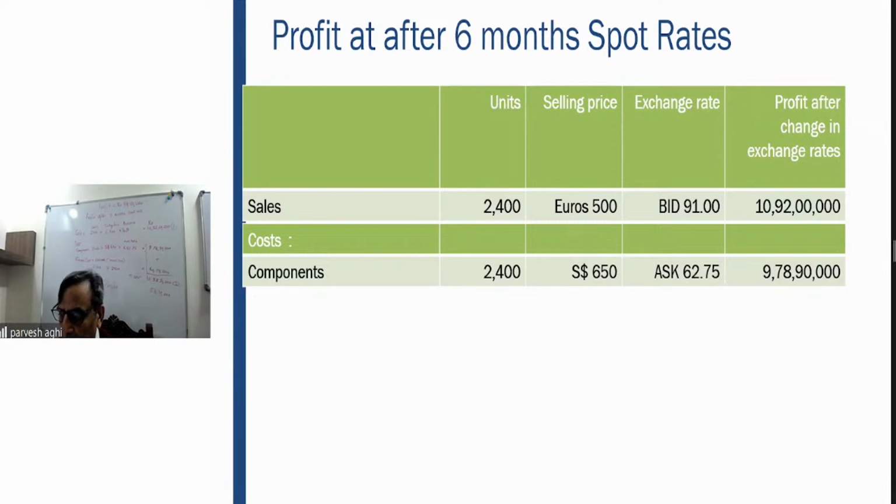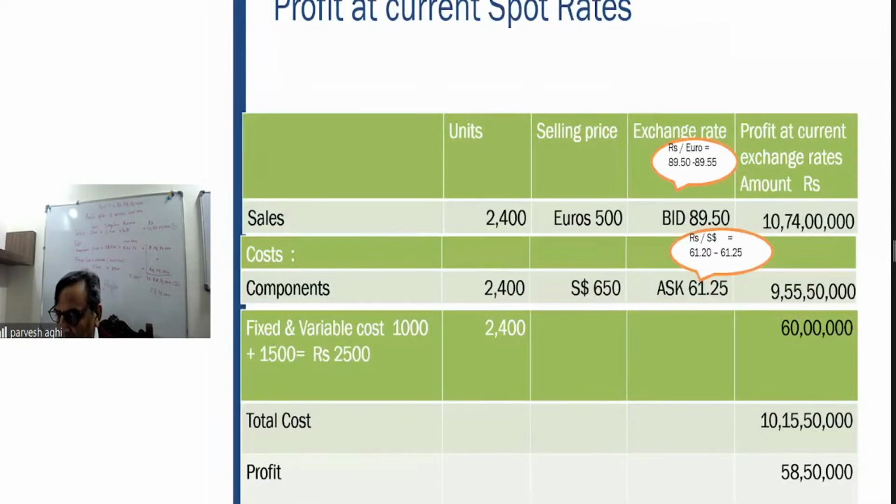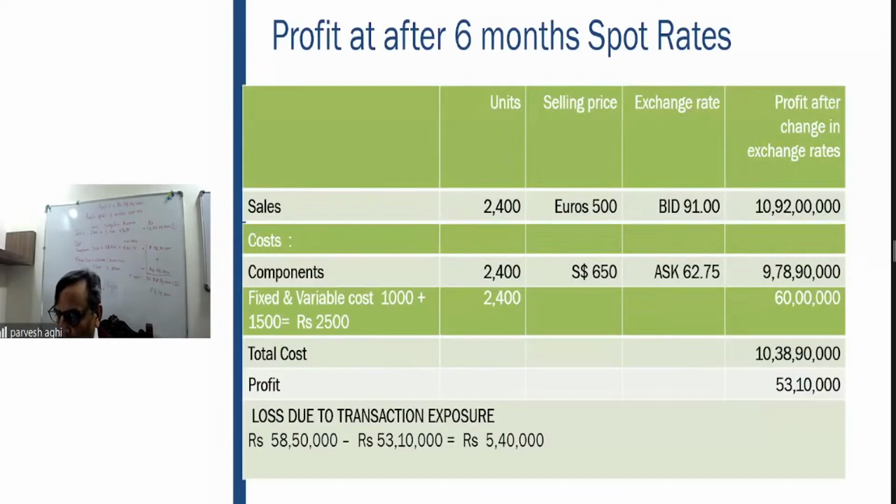Now he's paying 9 crore 78 lakhs 90,000. Earlier he was paying 9 crore 55 lakhs. So he's positively impacted as far as sales are concerned, but negatively impacted as far as his imported component cost is concerned. Singapore dollar has appreciated, so he has to pay more. His cost will go up.